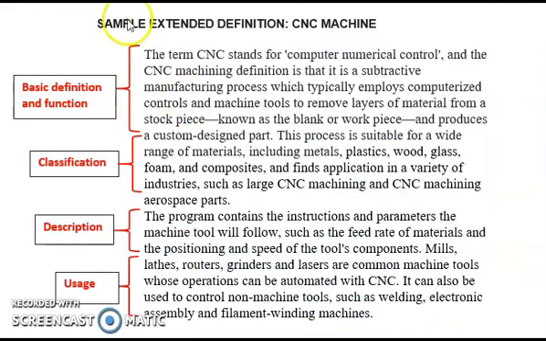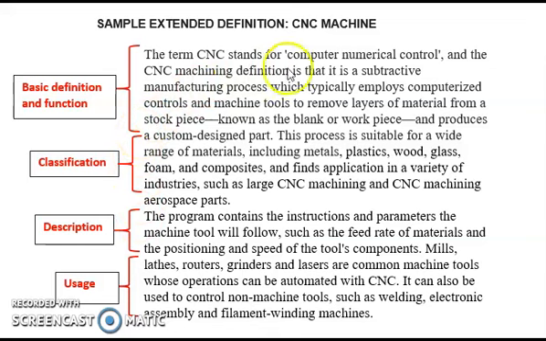Let's look at this example on CNC machine. The first sentence, as usual, is a single line definition, what it is, how it works, followed by classification, description, and usage. Let's go through the first sentence.